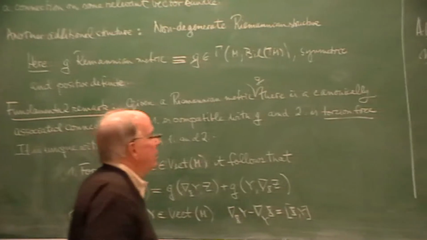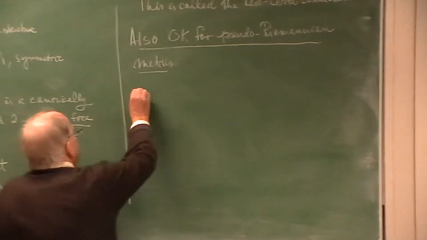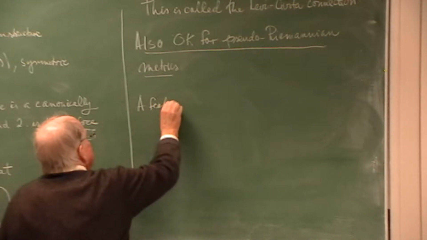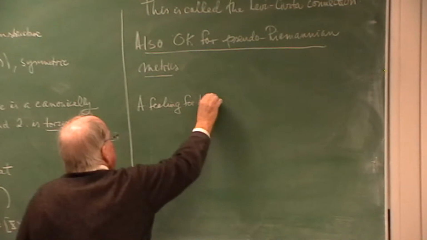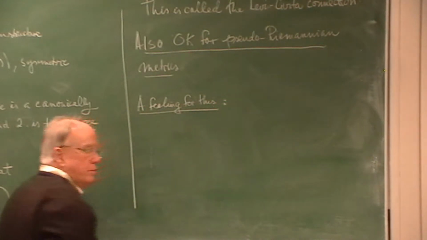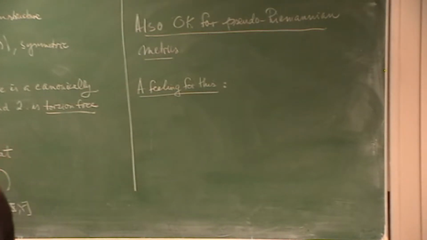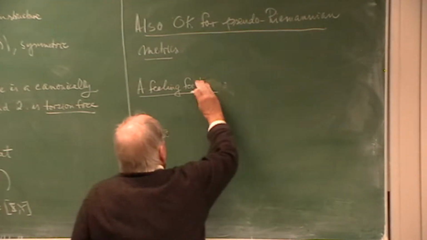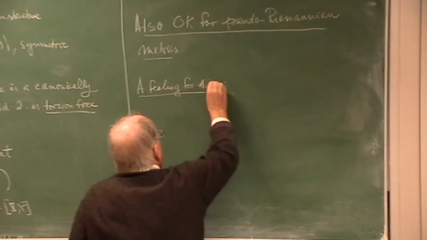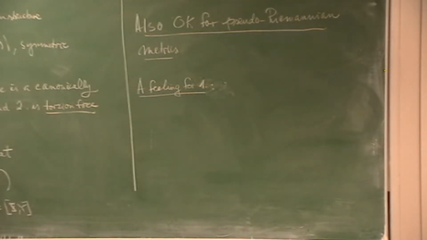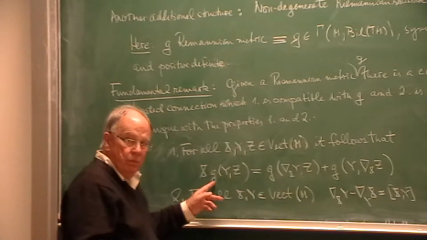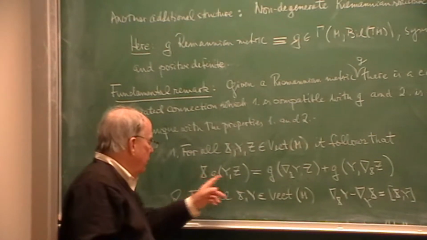Now I want to get a feeling for this, what this sort of means. For number one, in a frame, you write the y, x, y, and z, and so on.